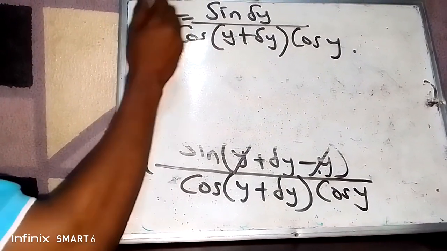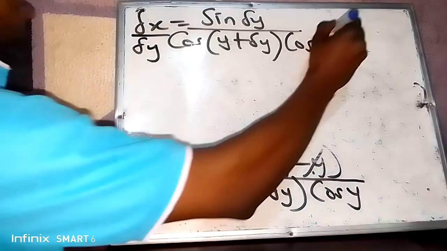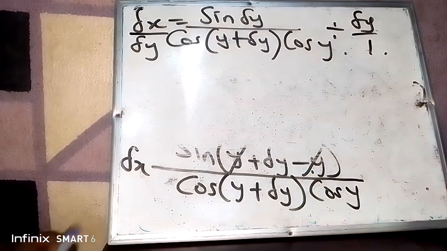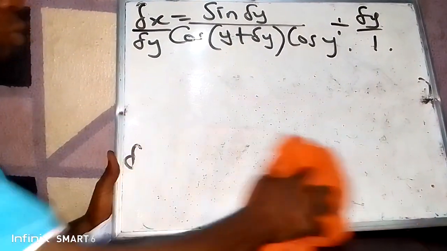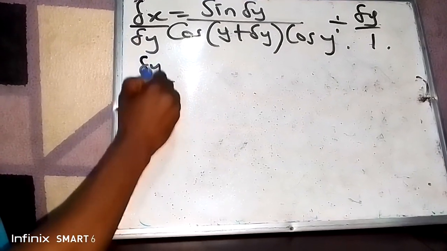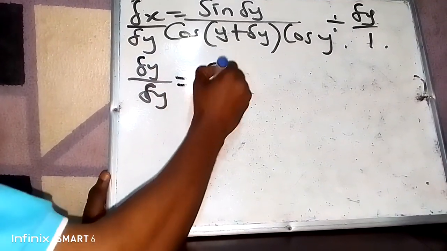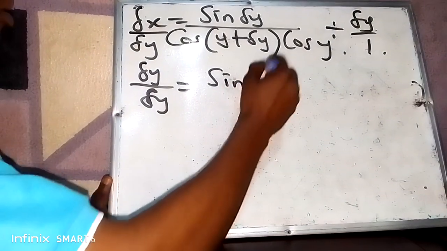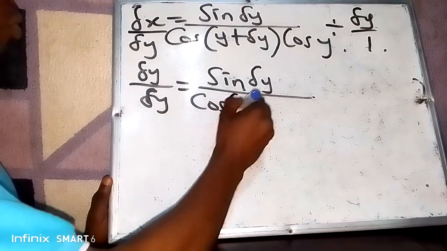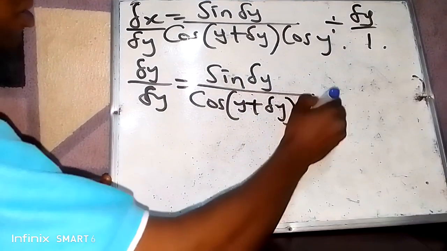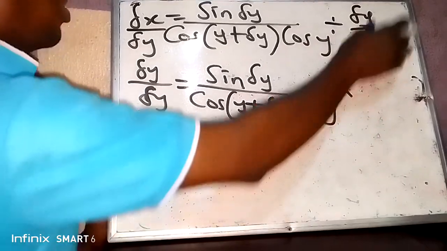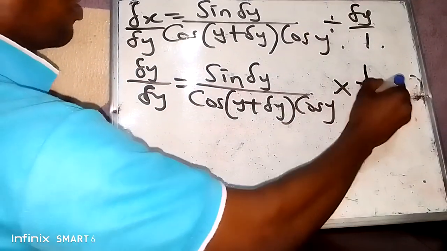So this is dx already, all over dy, and divided by dy over 1. That means dx over dy equals sine dy all over cos of y plus dy cos y, multiplied by the division; we change to multiplication. 1 will go up, dy will come down, 1 all over dy.